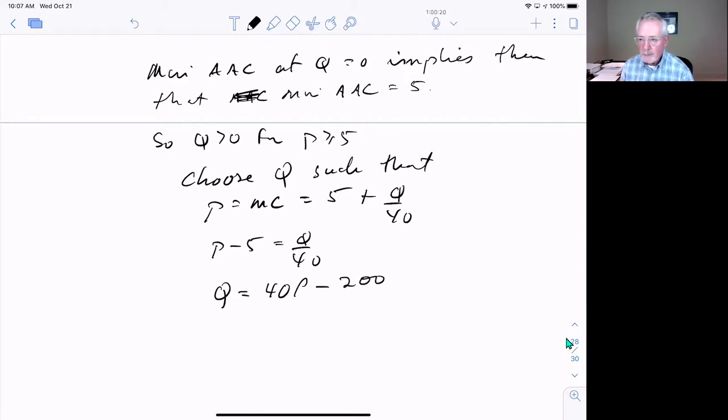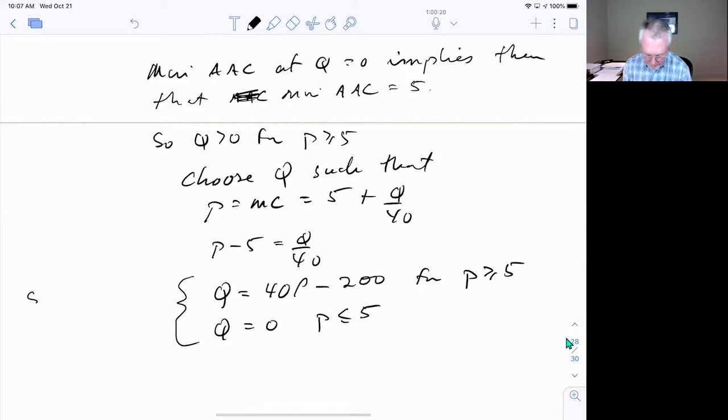So this is Dan's profit maximizing quantity at every price that is at least 5. And as you can see, at the price of 5, Dan's output is 0. But for any price less than 5, Dan's output will be 0. So this is Dan's supply relation when Dan has no fixed costs.